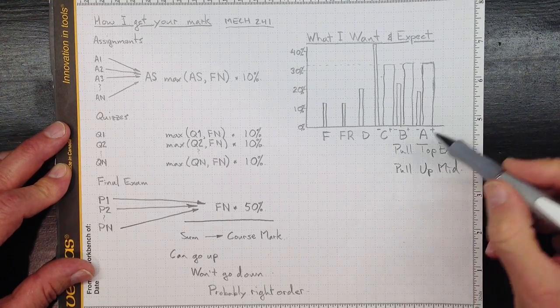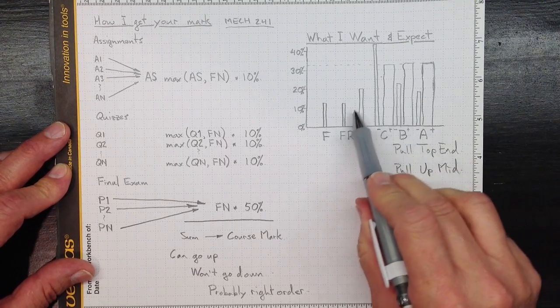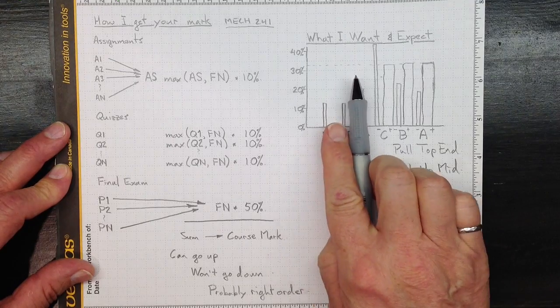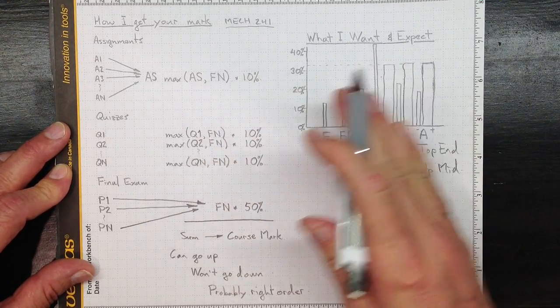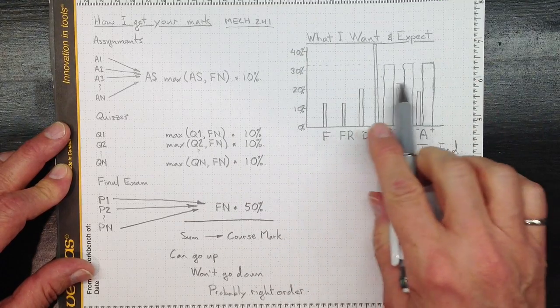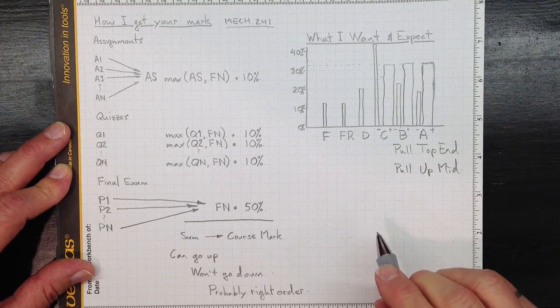And take everybody who was in the middle, these people in the B, C, and D range, and move them up a little bit too, in some kind of smooth way to get them up into the range where things really belong.